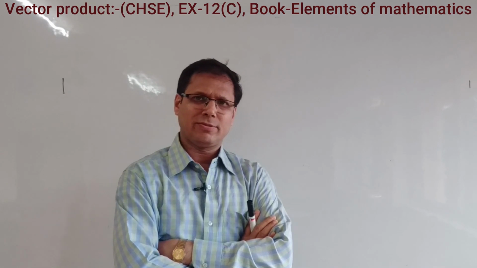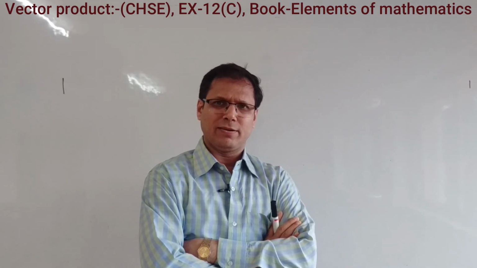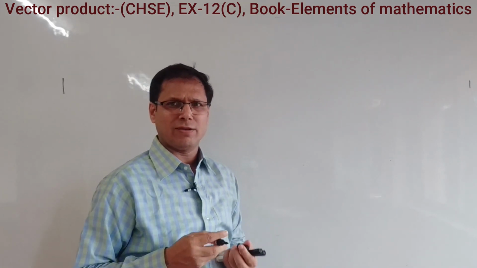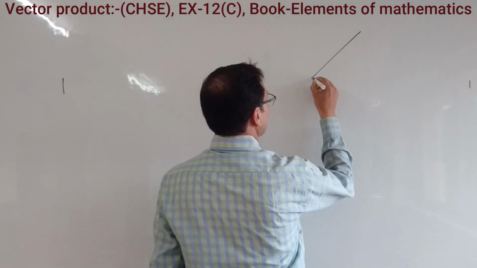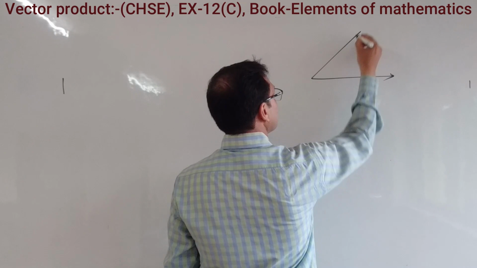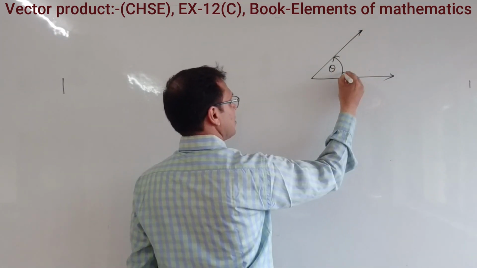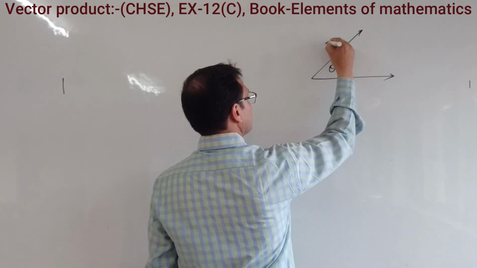Okay, so let us start with the vector product between the two vectors, that is a vector and b vector. Let a vector and b vector be two non-zero, non-parallel vectors, that is, they are inclined to each other at an angle, suppose theta. You see, this is the angle between the two vectors. This one is a vector and this one is b vector.